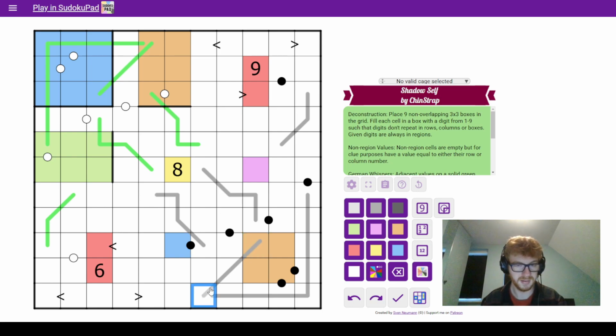So if this is not part of a region, it is either an 11 or, what is it, 11, 10, 9, 8, 7, or it's a 7 and then that is a 7. No, never mind. That's kind of irrelevant.